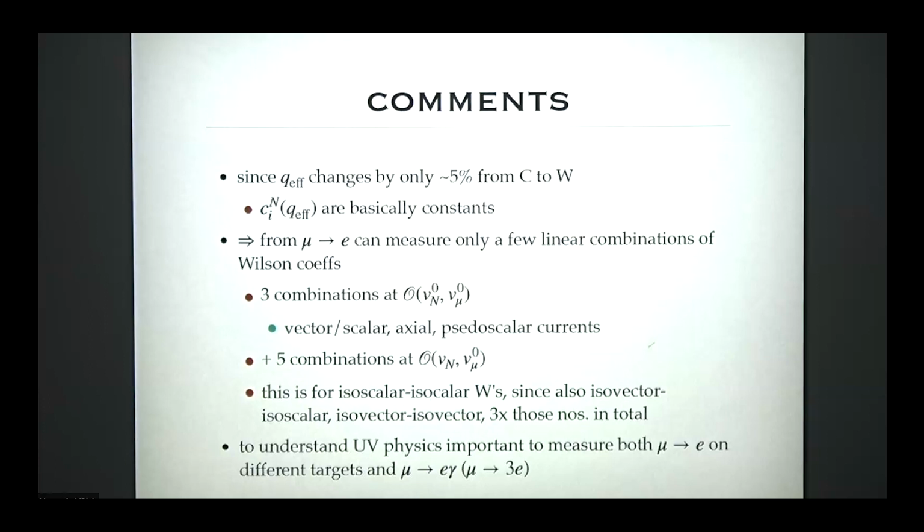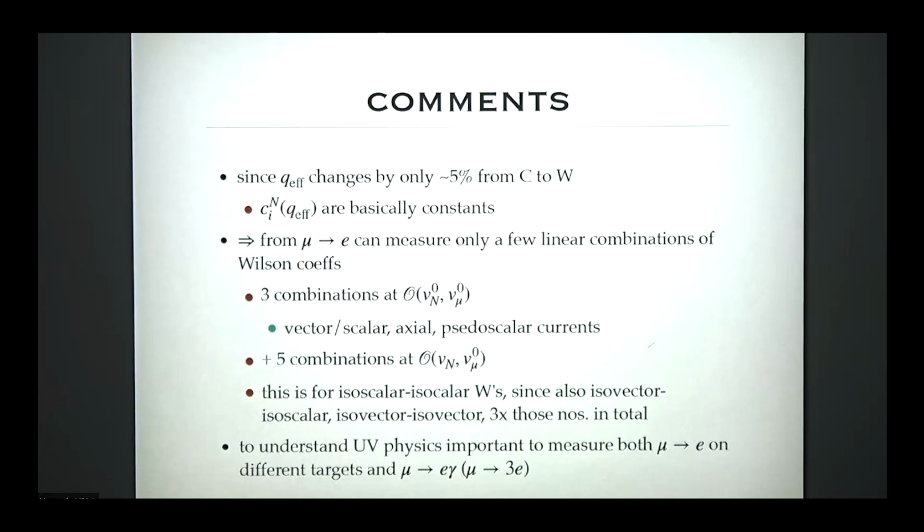The nucleus is very heavy, and the fact that you have an electron going out in the charged potential of the nucleus only has an effect at the 5% level. So this Q effective is basically constant, which means that all these coefficients that sit in the non-relativistic effective theory are basically constants. No matter what target you choose, they will be basically the same numbers up to 5%.